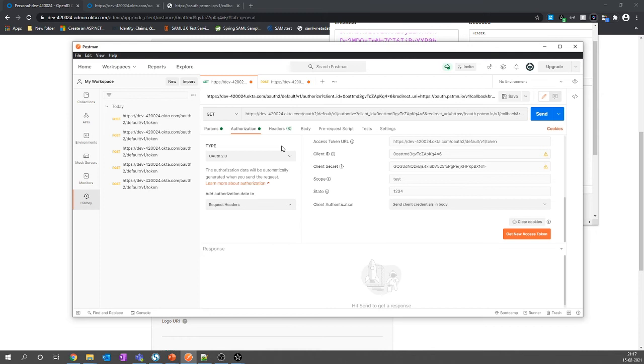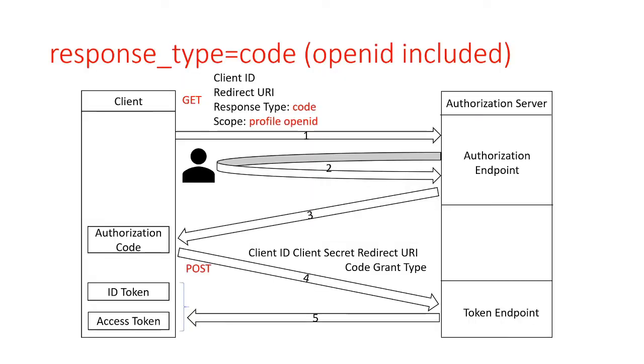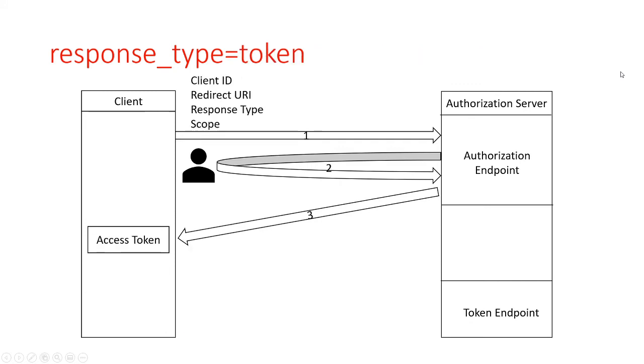All right, now this is code flow. Let's look into implicit flow. So let me go back to my presentation. All right, for implicit flow, the response type is going to be token. It's the same flow. The client is going to go to the authorization endpoint.